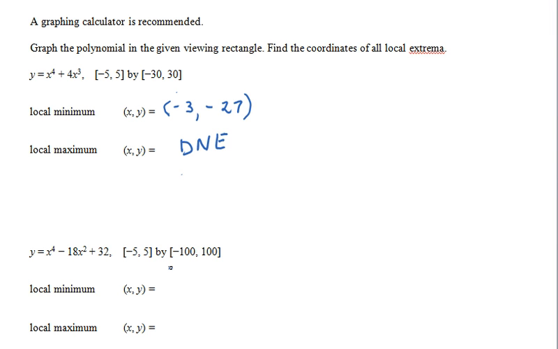So 3, negative 49 is one of the local minima, and negative 3, negative 49 is the other.